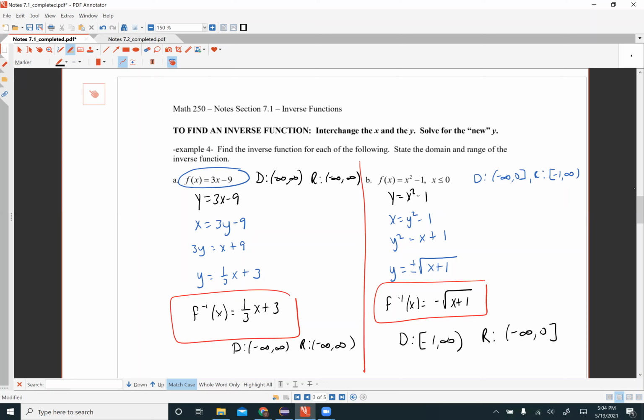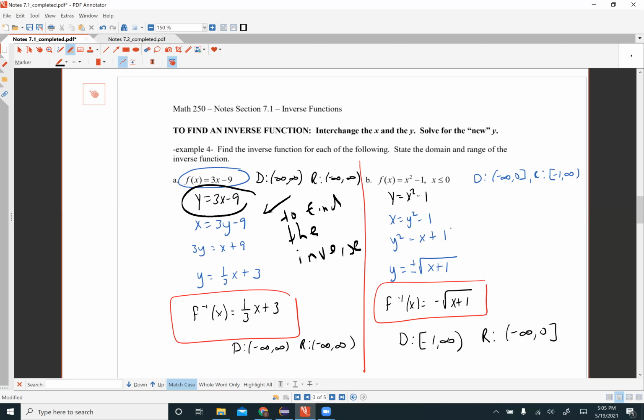What's the inverse? If you want to find the inverse, just replace f of x with y, and then just rewrite the function. Then you exchange the role of x and y, and solve for y.